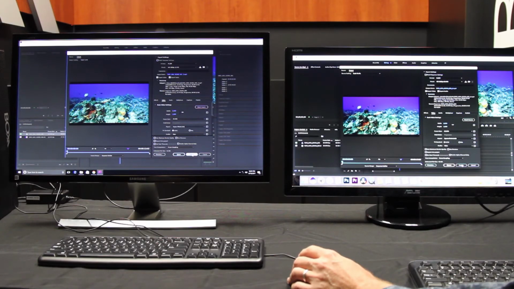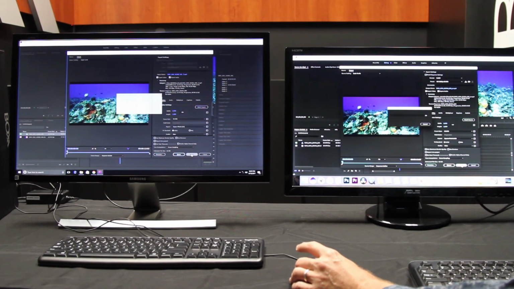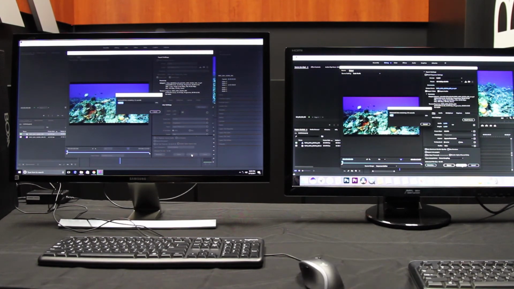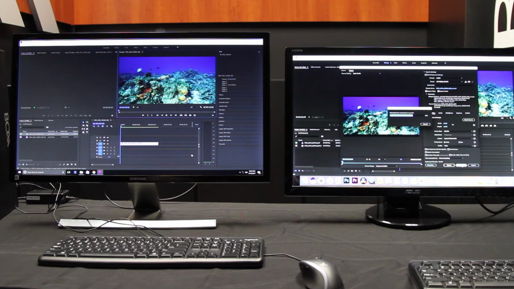Now I can start this exporting at the same time, and we can see the differences, even on a short clip, that the dual card CUDA acceleration has. So even on a clip of such short duration, you can see that there's a substantial difference in the export performance.